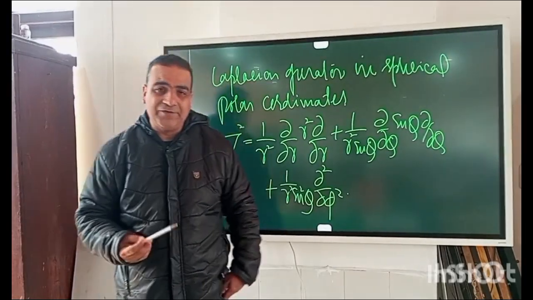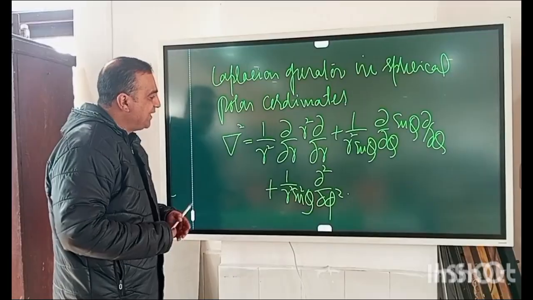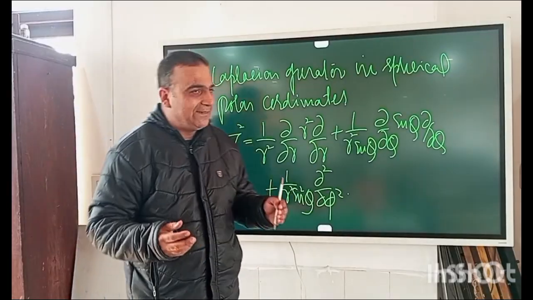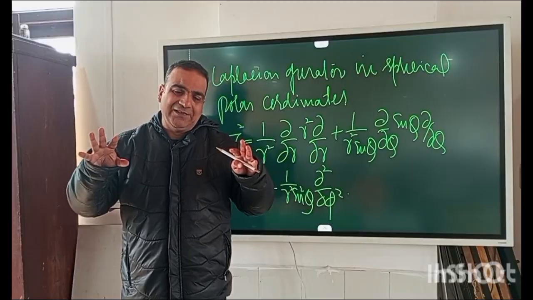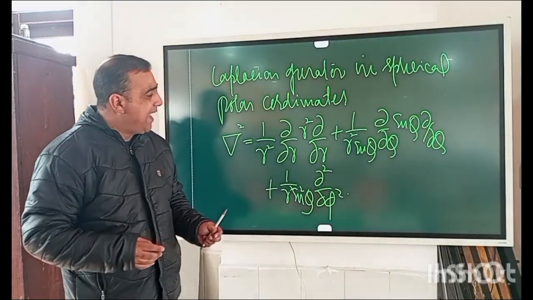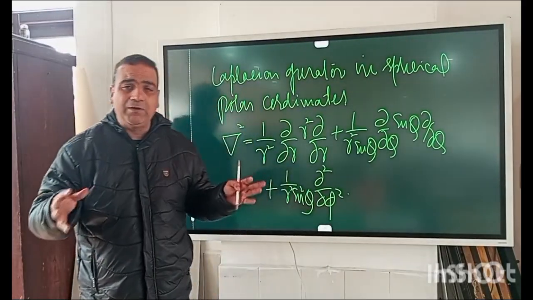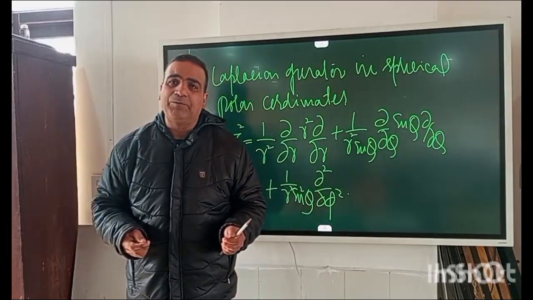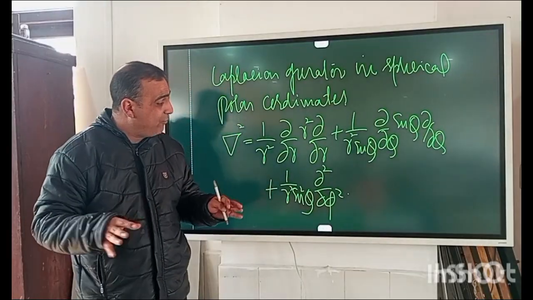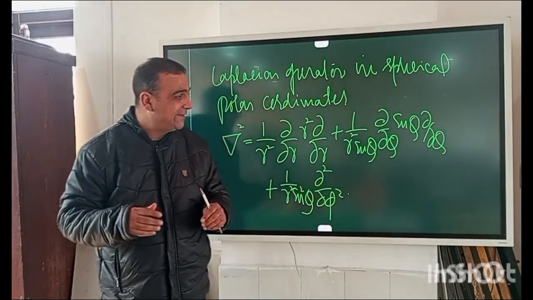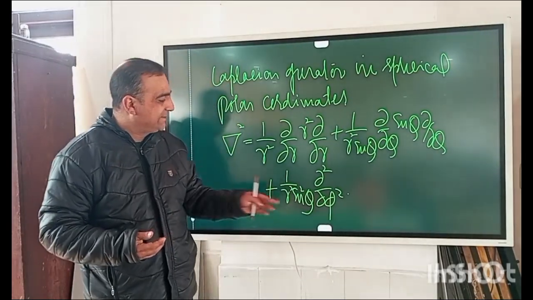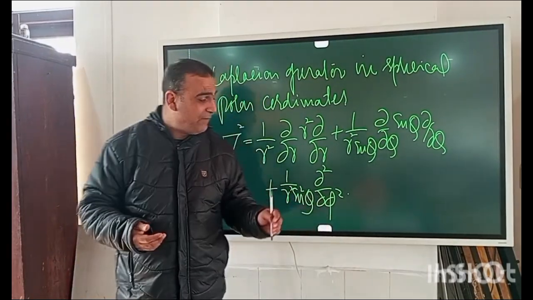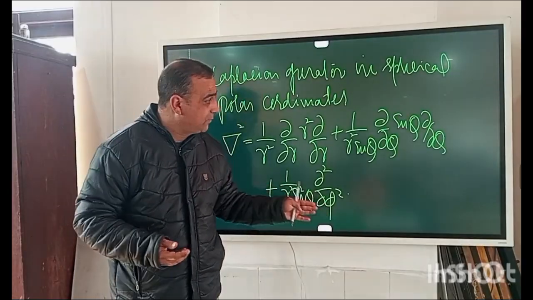And as we understand, r is our radial part of the spheroid that we are assuming, and theta and phi take into account the angular part. Even though we have two angular parts, one is our theta and another angle is phi, and phi is called the azimuthal angle.